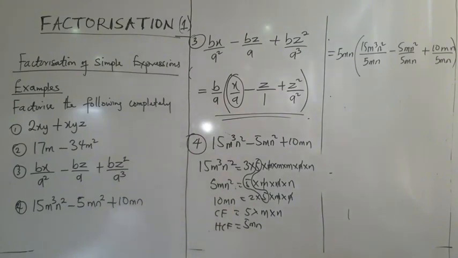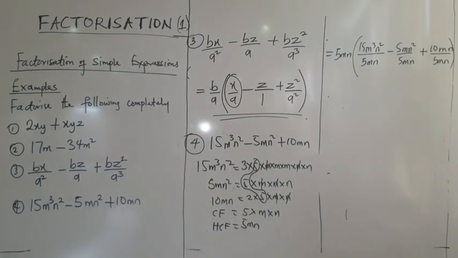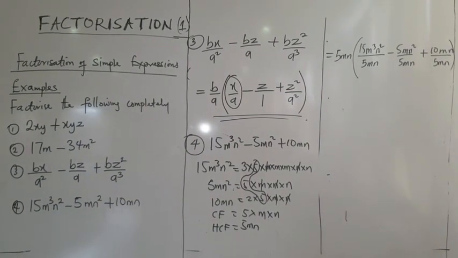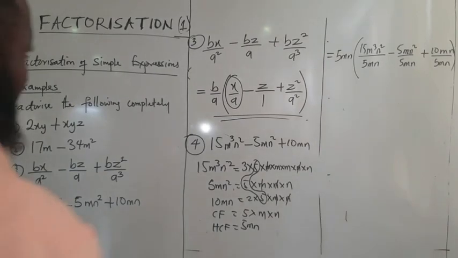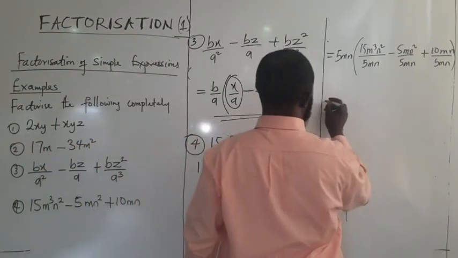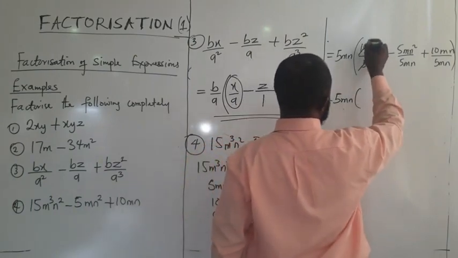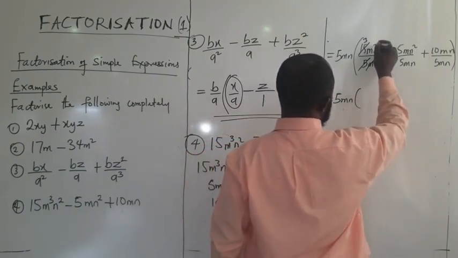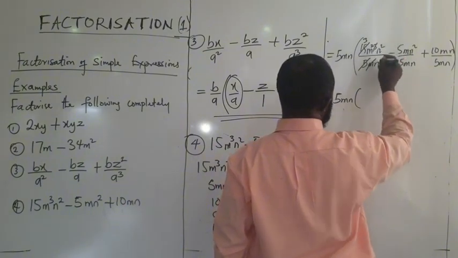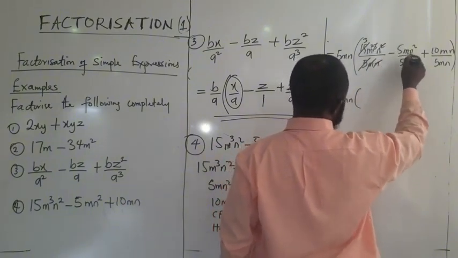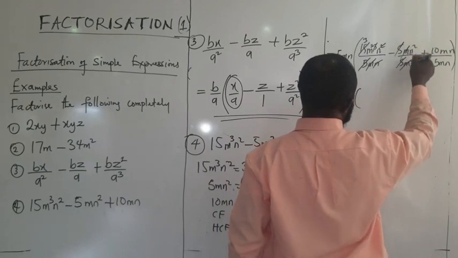Alright? So, if that is the case, what we're going to do, we divide now. So this is 5mn. So 5 cancels here, 5 here, 3. M here 1. M here we reduce to the square. N here 1, we cancel this one. 5 cancels 5. M cancels, n.